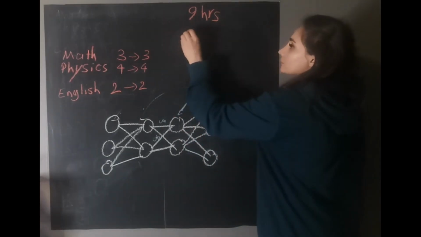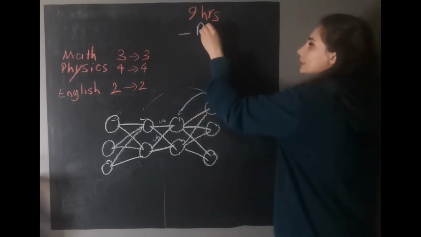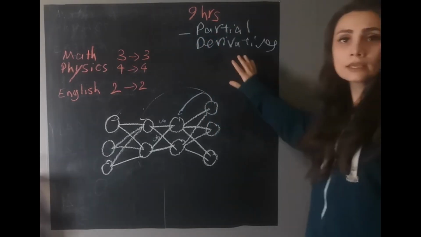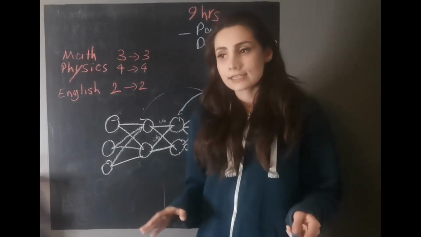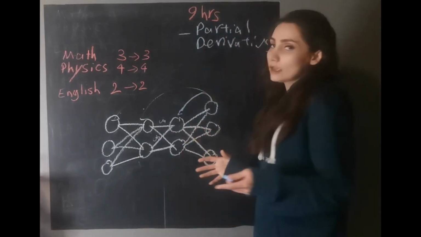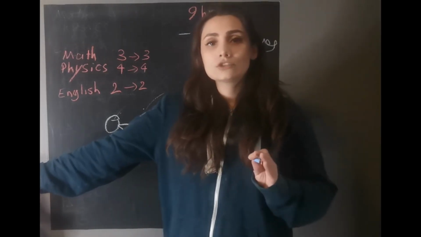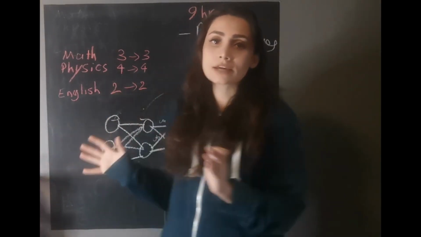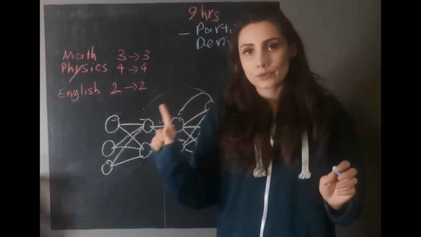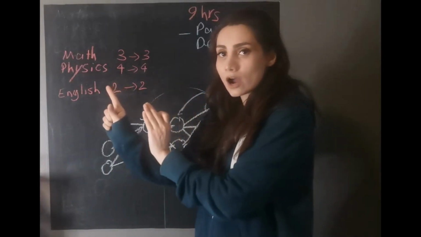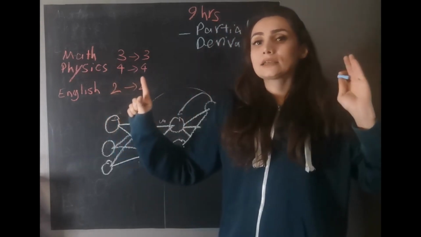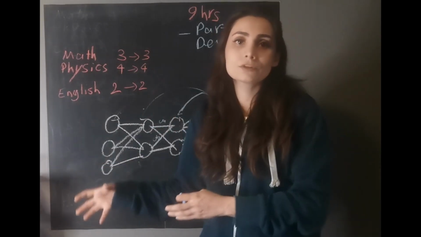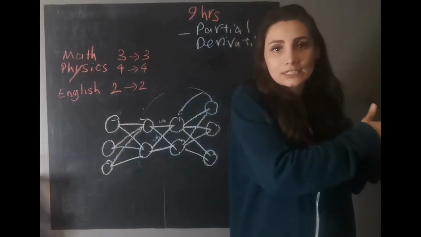So, okay, let me write down these important things here. So we're doing it through partial derivatives. What partial derivatives do is say, okay, if I have an equation, I'm going to keep all of the other things constant. Only one variable is going to change, and the rest of them are going to be constant, okay? Then I'm going to see how much each one of these features affects the error.